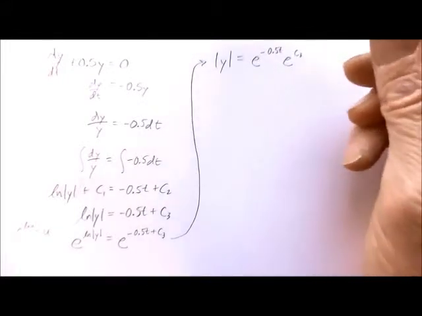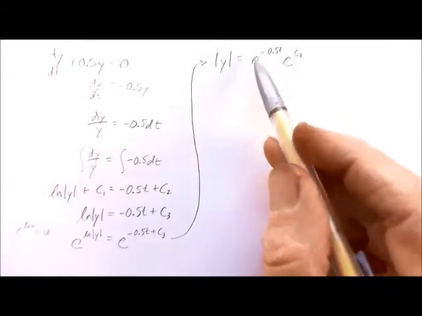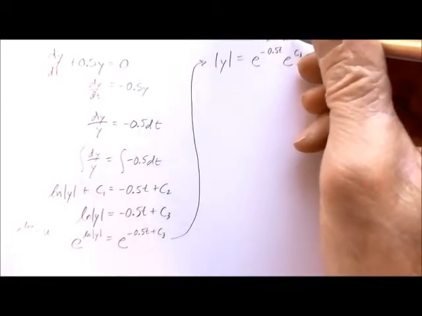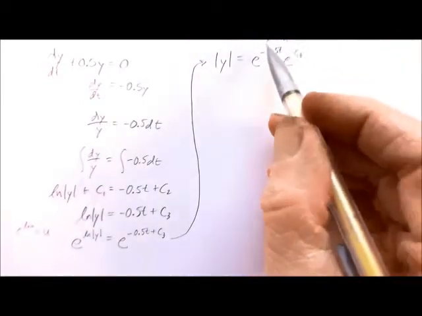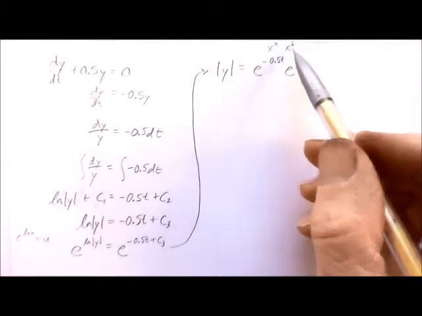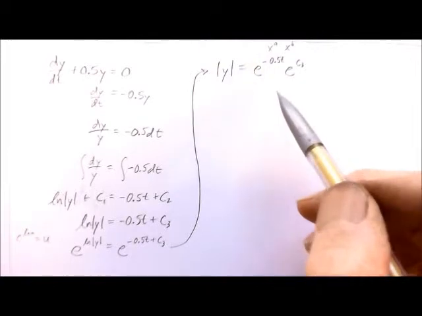So e to the c3. You're used to using this in the other direction. You've seen something like x to the a times x to the b, and the result of that is x to the a plus b, which is where we came from down here. Again, this is like x to the a times x to the b equals x to the a plus b, except we're going in the opposite direction.